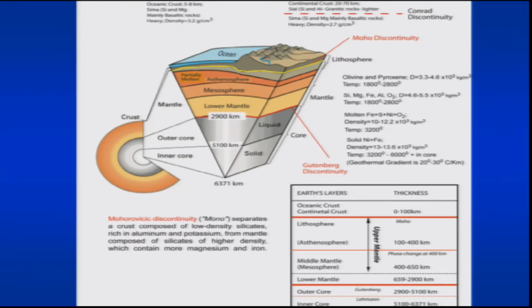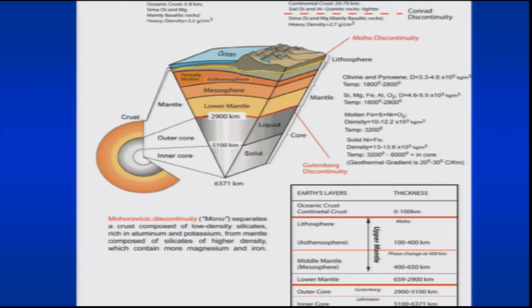It has a different composition, and the different layers have different compositions. In short, we can say that the Earth is not homogeneous. Different layers have different properties, and the composition is also different.